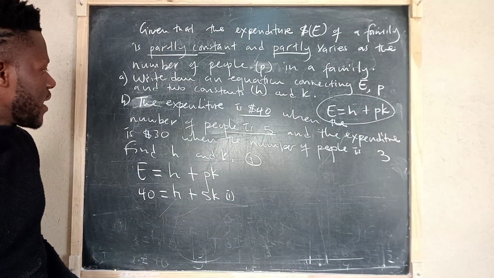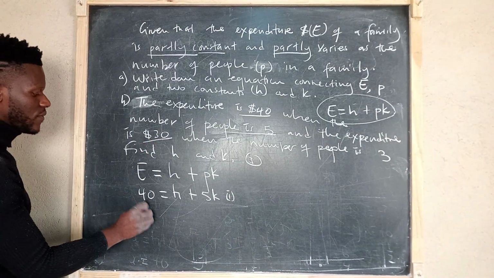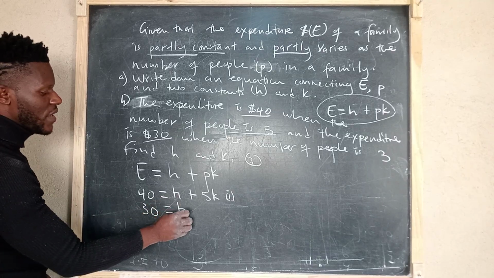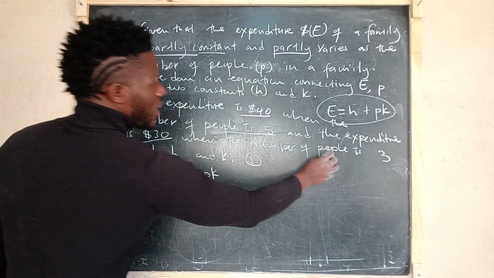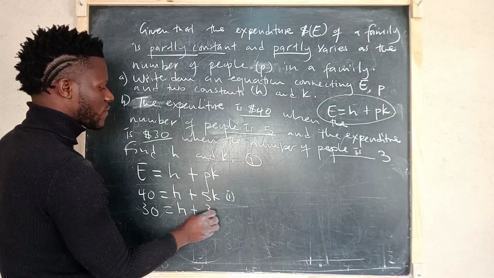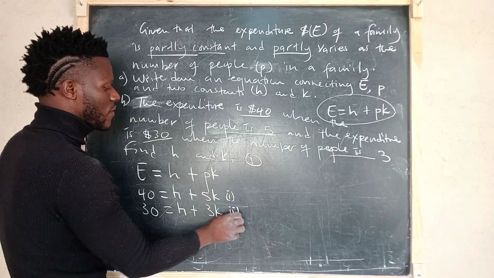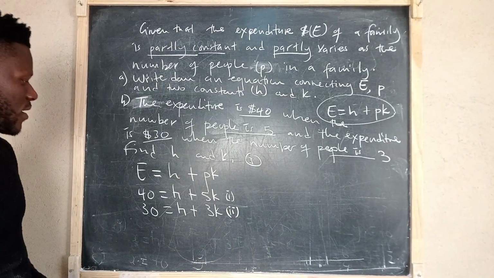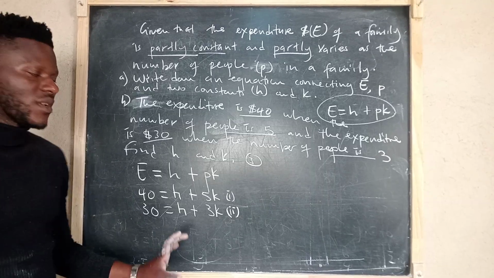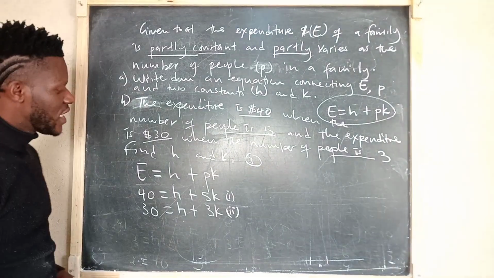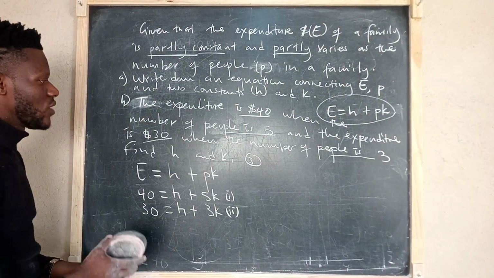We have another set again. Expenditure is 30 when H remains unknown and the number of people is 3. Like this. Now we successfully formulated simultaneous equations, and we are going to solve these simultaneous equations.